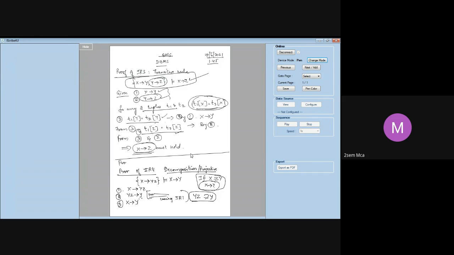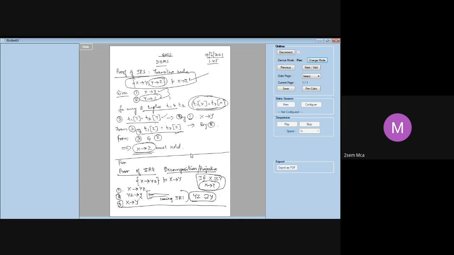Same thing here. X determines yz, yz determines y, so I can write x determines y. The second step is the only catch here. Second step, I write yz determines y, because yz is a superset of y, so I can always write yz determines y. That is by using our IR1. Any question? That's the proof of IR4.